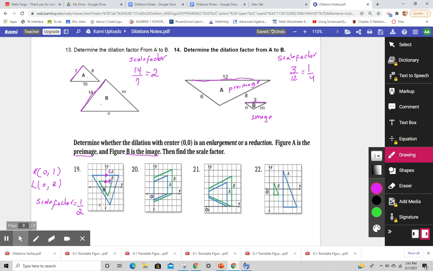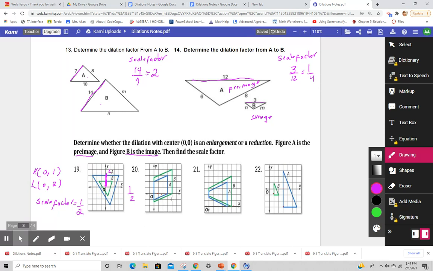And it is a reduction. As you can see, they made it smaller. You could have done this. You don't even have to do this much work. We know this is the image and this is the pre-image. Well, how far is this away from the x-axis? It's 1 unit away. How far is that away from the x-axis? This point right here is 2 units away, and there's your scale factor.